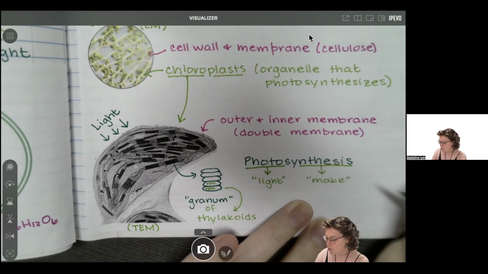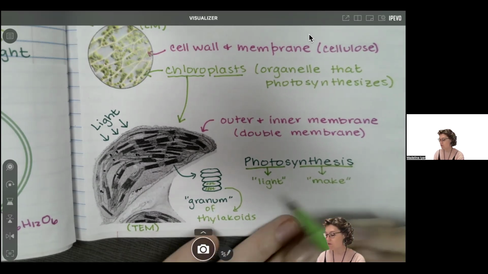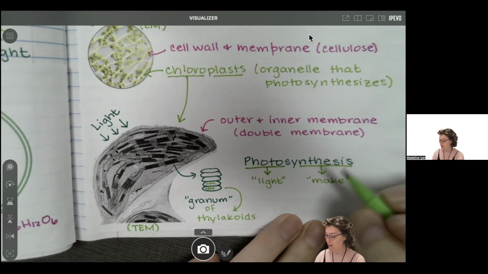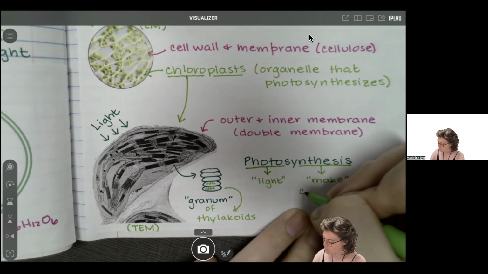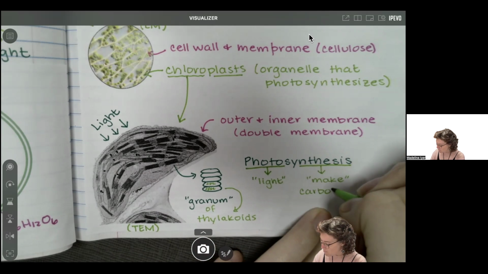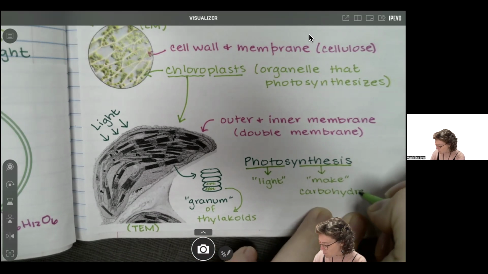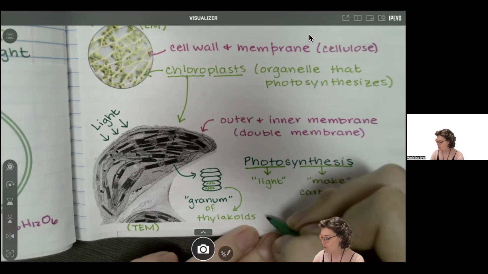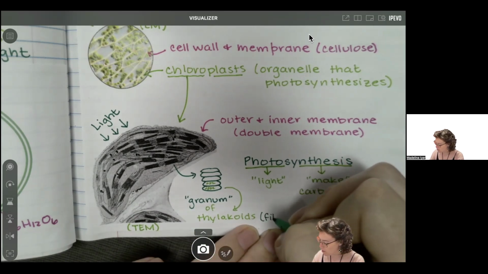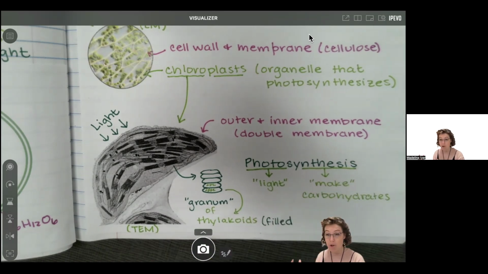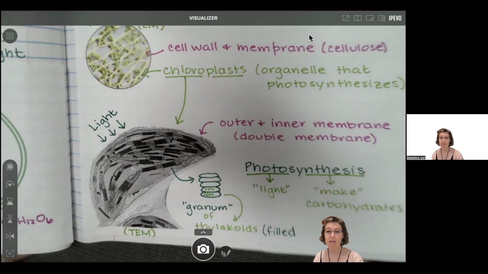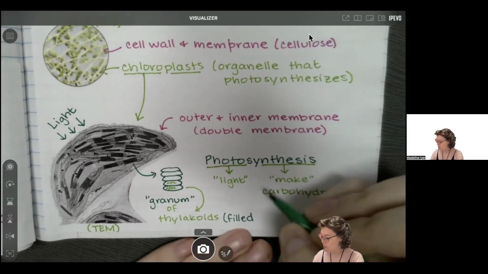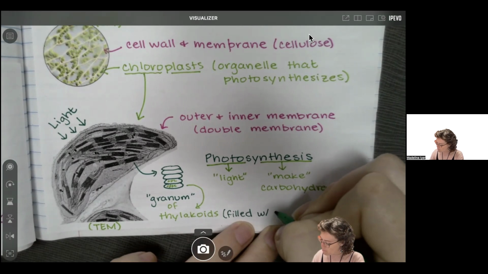So what is photosynthesis making? Well, photosynthesis is literally light making carbohydrates. And so that's what's going on in this picture. The way that we're able to do this is because the thylakoids are filled with that pigment that can capture the energy of light, and do you know the pigment? Chlorophyll.